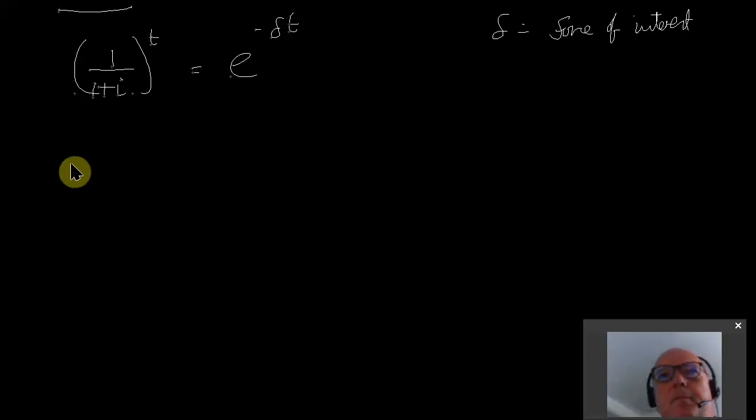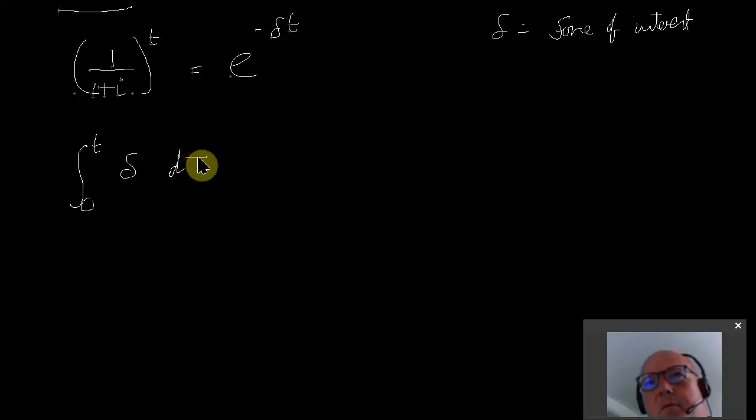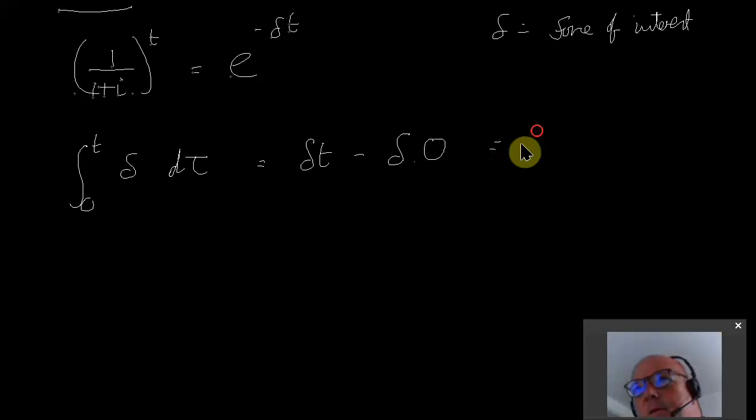But notice this, if I integrate the constant delta between 0 and t with respect to some other integrating variable, say tau, that is equal to delta t minus delta times 0, which equals delta t.